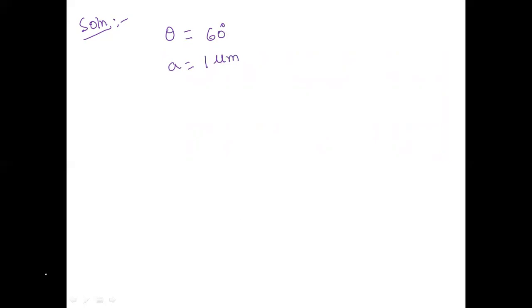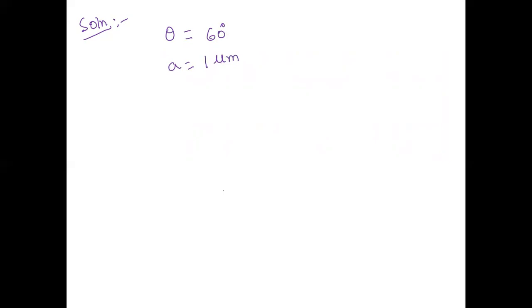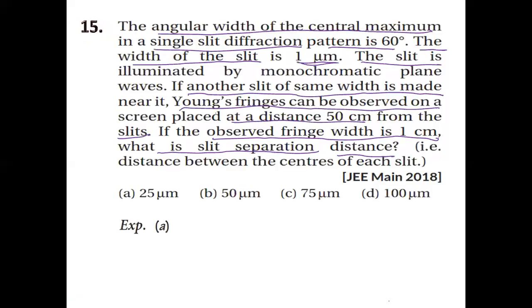And they gave that it is the angular width of the central maximum, that is n equal to 1. I can write as diffraction. The central maximum is 60 degrees. The slit is illuminated by monochromatic plane waves. It can be observed on the screen.